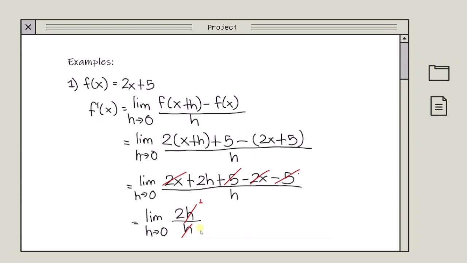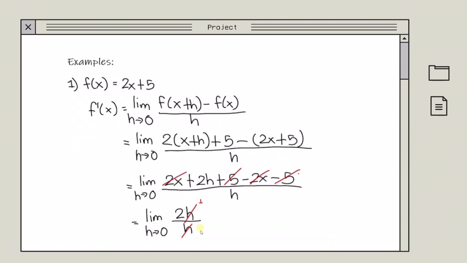Since we are getting the difference dito sa buong function, babaguhin natin yung sign nila. So this will become minus 2x, tapos yung positive 5, this will become minus 5, and then this is all over our denominator. That is h, as our h approaches 0, then we simplify.